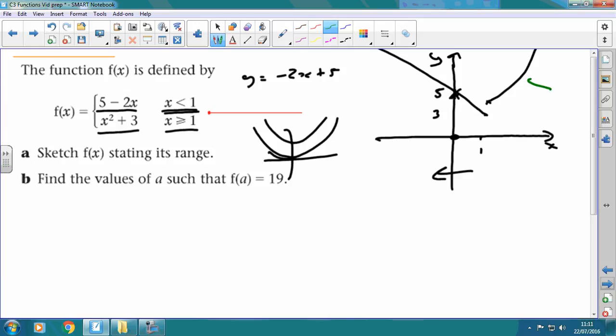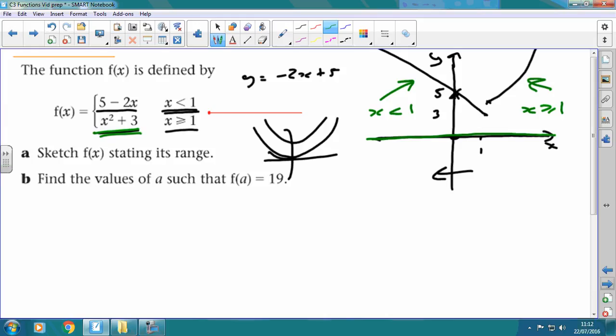So this bit here is when x is greater than or equal to 1, so it's going to be this graph. And this bit here is when x is less than 1. And it is a function because everything in the domain, which is the x-axis, maps to just one number in the range.